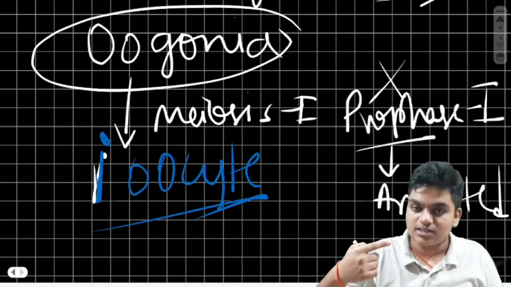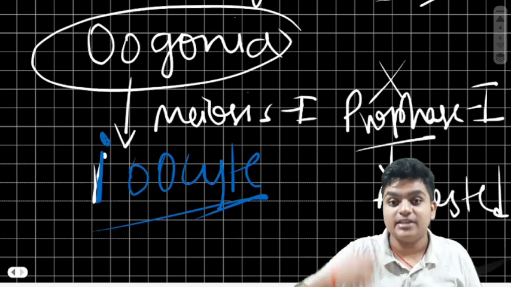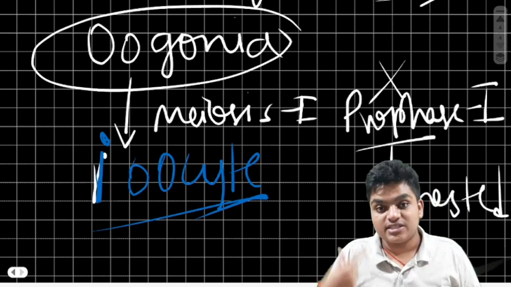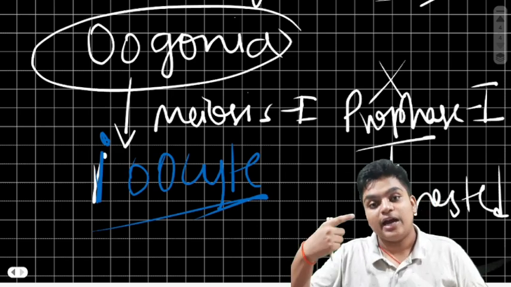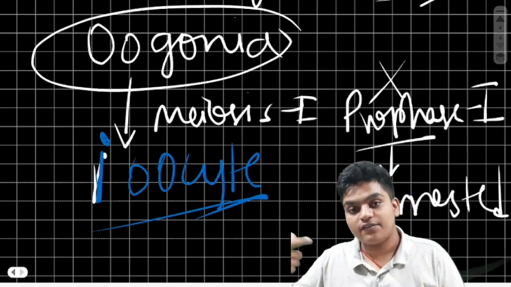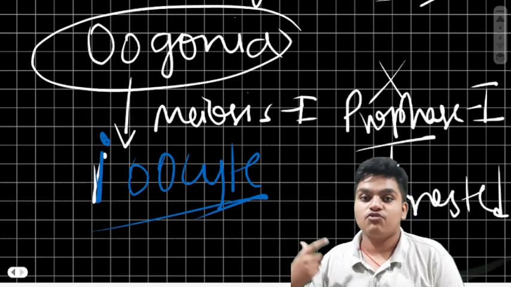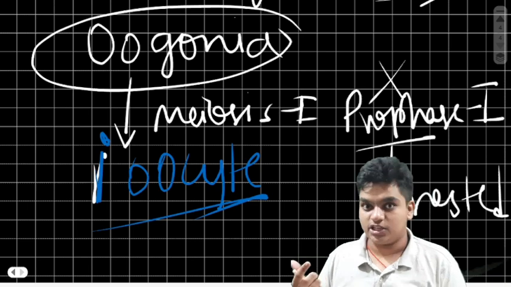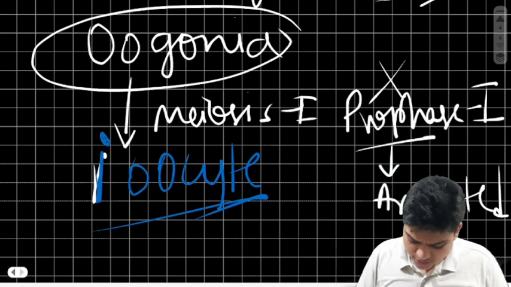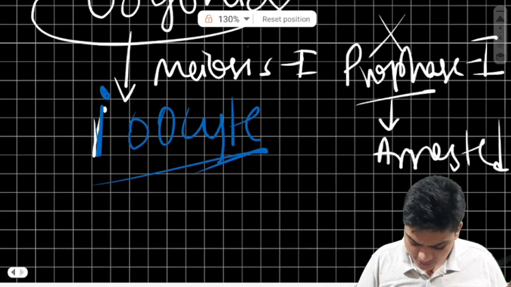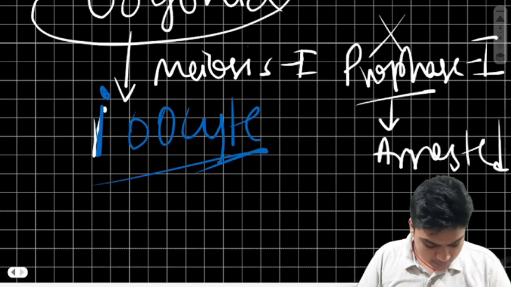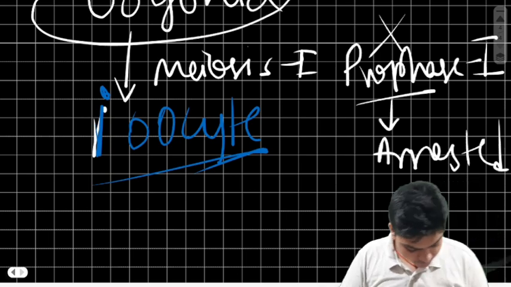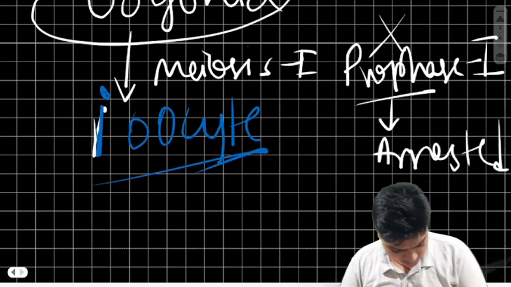Now the changes start in the primary oocyte, and this primary oocyte is going to convert into a Graafian follicle.